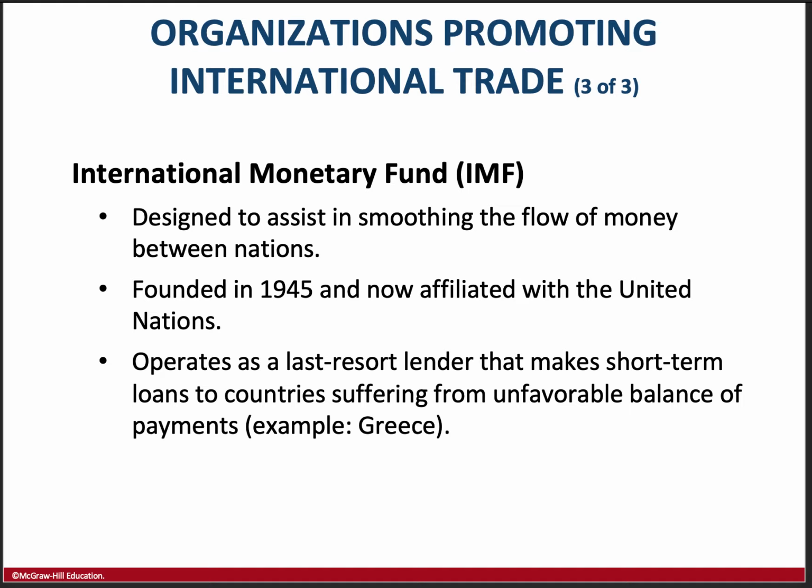It operates as a last resort lender that makes short term loans to countries that are about to go belly up, like Greece before it destabilized itself. They really do work to try to shore up some of those weaker European economies.